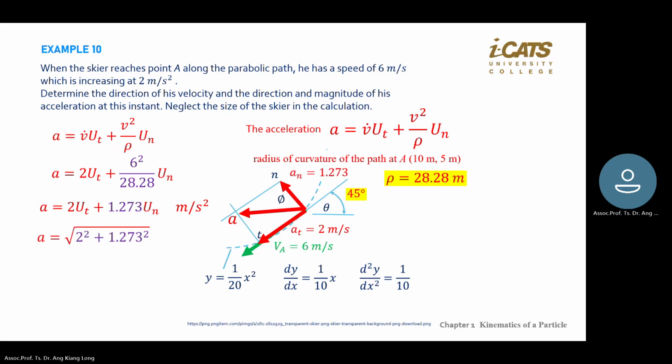Get one value. VT is given as 6, sorry, VT, not UT. UT is just a unit, like your IJK in X, Y, Z axis.